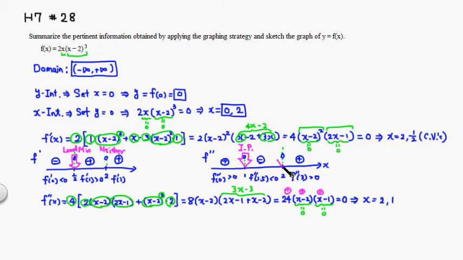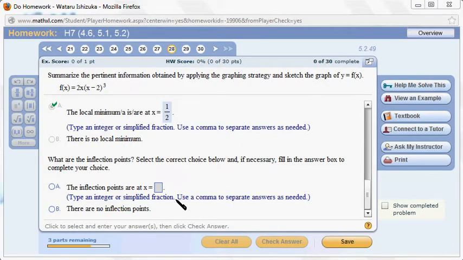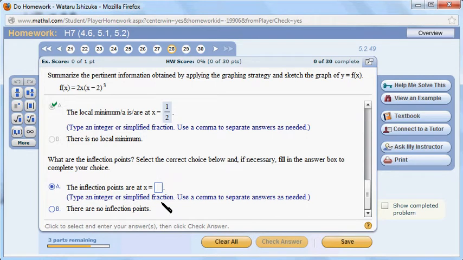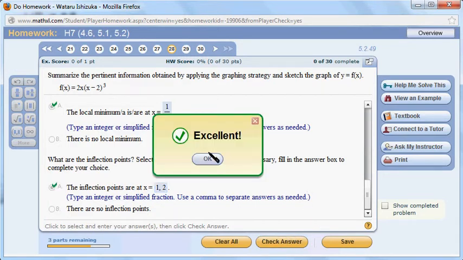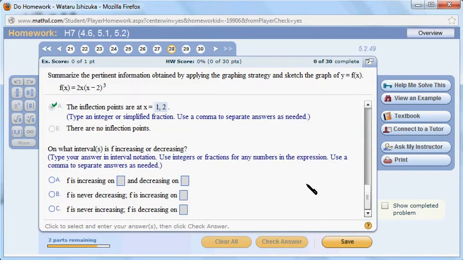Right, and there's a concavity change here, so it's an inflection point at x equals 2 as well. Alright, so let's type it in. Alright, so inflection points are at x equals 1 and also at 2 as well. So let's check the answer. Alright, we got that.